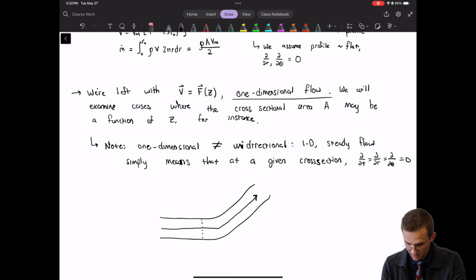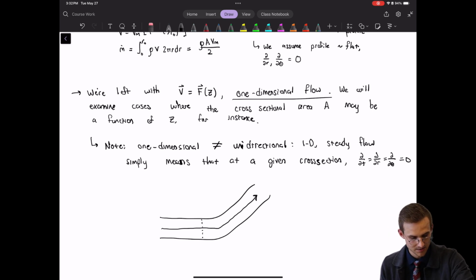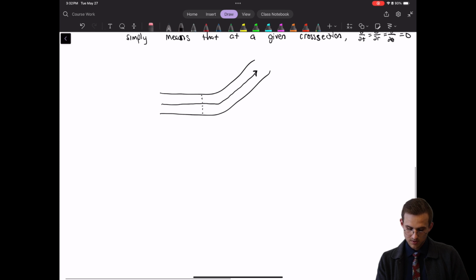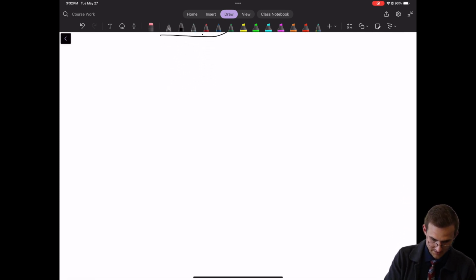It's varying as a function of the distance traveled along the length of this pipe, okay? So just keep that in mind. If you're looking at one-dimensional flow, it is not the case that it is unidirectional. You might have changes in direction, okay? So now let's go ahead and dive into control volume analysis now that we've really established what 1D flow is.